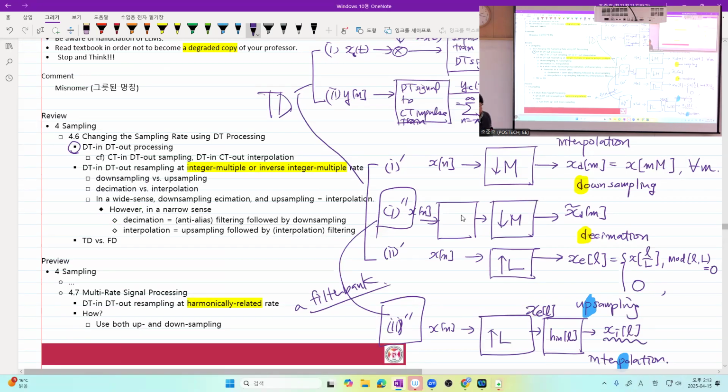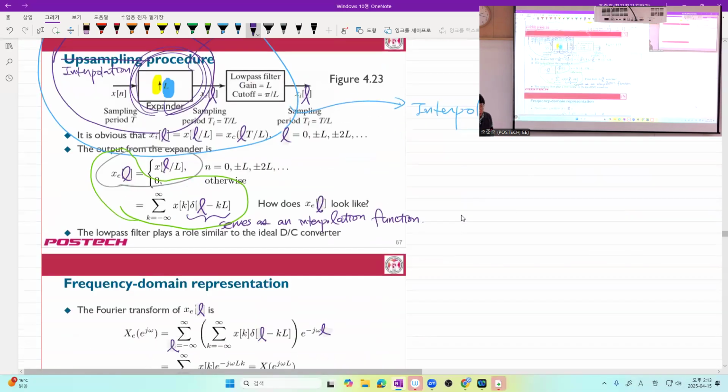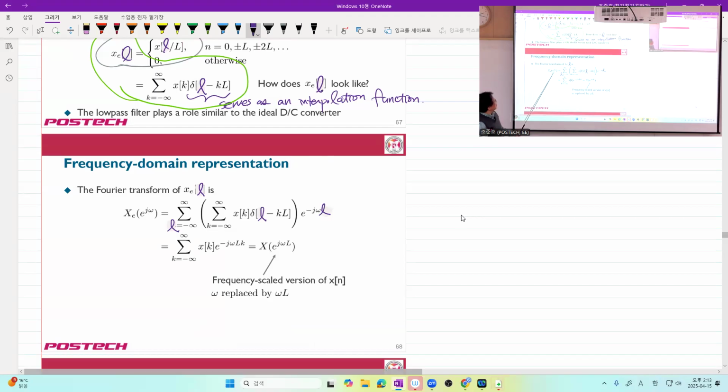So x sub e of L, got it? Zero insertion version is after you have this equivalent notation. It's very simple. Summation, term, and e to the negative j omega L.